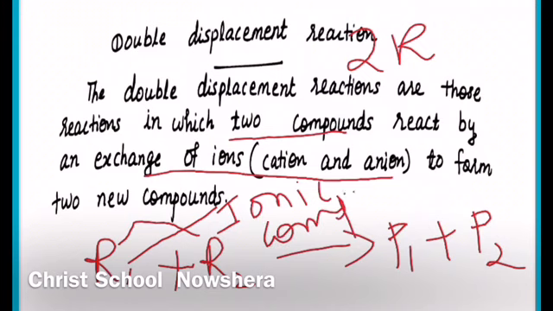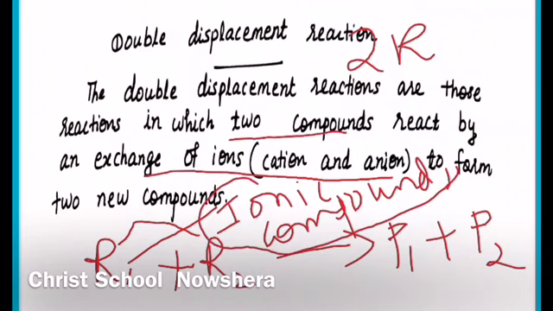So mainly this double displacement reaction will be taking place between two ionic compounds, which are made up of cations and anions. Then these two ionic compounds, these two reactants, will exchange their cations and anions with each other and form two new products, and these two new products are also ionic compounds.